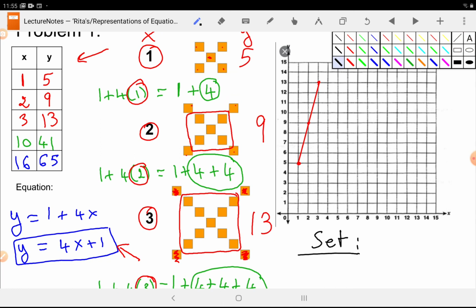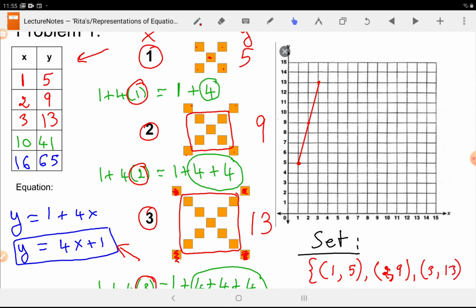In a set form, this set will look like this. If it was points from the table, it will be a set of coordinates. When x is 1, y is 5. When x is 2, y is 9. When x is 3, y is 13.